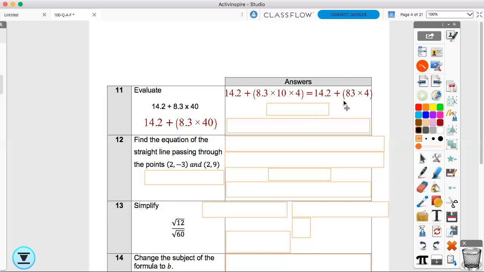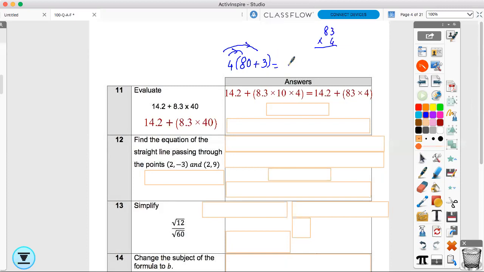And same here. If you don't like to do upstairs, downstairs type work, you don't have to do that. Remember, you've been taught that 83 is 80 plus 3. And if you times that by 4, you can do 4 times 80 plus 4 times 3.